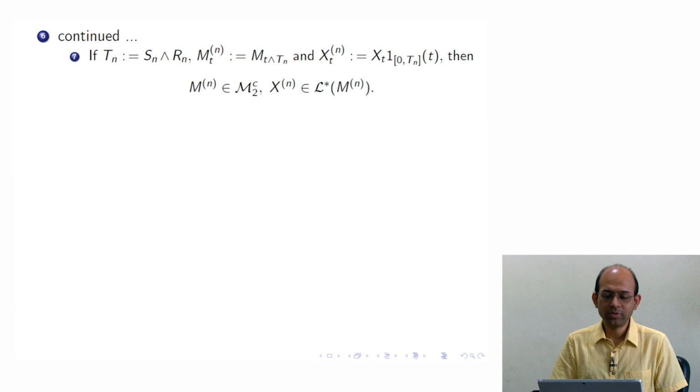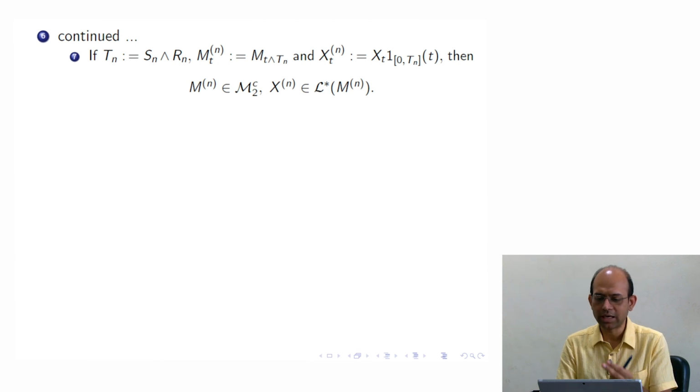Now from the previous construction of Sn and Rn, we know that Mn is a square integrable continuous martingale, and Xn, the way it is constructed, is also in L star of Mn. Why L star? Because this process started as adapted and continuous, and then you get that it is in L star of M, progressively measurable. This is actually not continuous, it is left continuous.